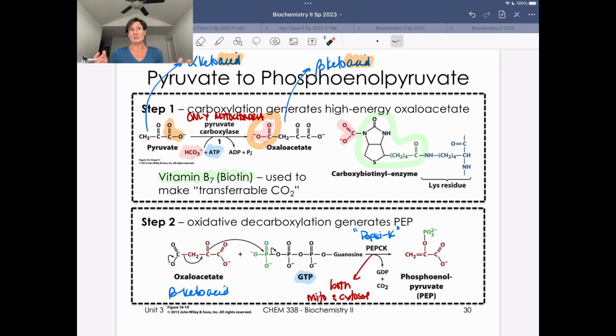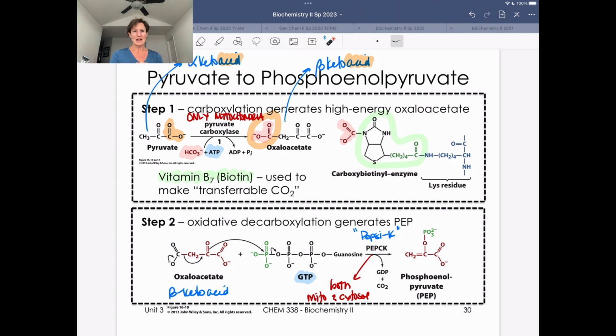One choice, because we don't have a transporter to get oxaloacetate directly out into the cytoplasm, the cytosol. So one option is we can take oxaloacetate and continue this chemistry in the mitochondria with PEPCK to make phosphoenolpyruvate. There are transporters for phosphoenolpyruvate. Or we can make oxaloacetate into malate.